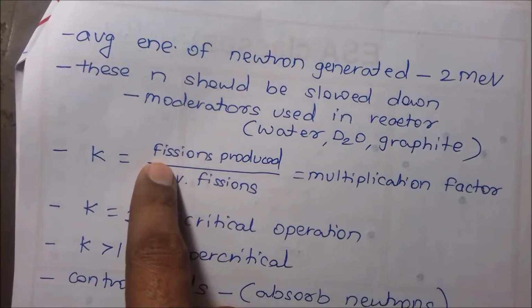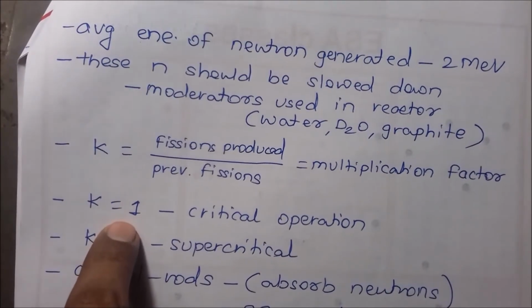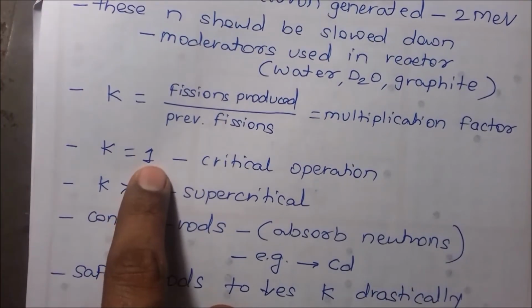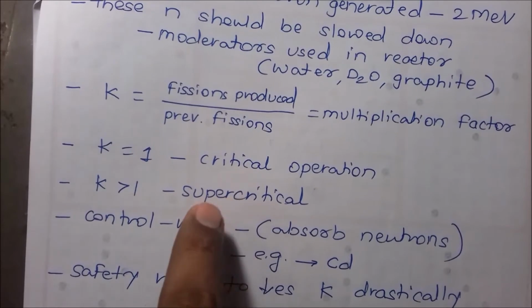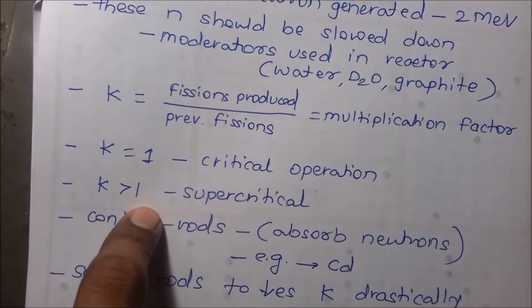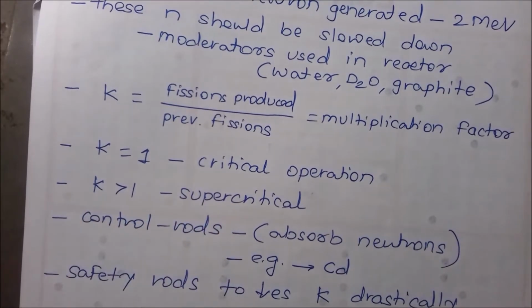If the multiplication factor is 1, then the rate of reaction remains the same, and this is called critical operation. If K is greater than 1, then the operation is called supercritical, and the rate of reaction increases and it may lead to explosion. If K is less than 1, then the rate of reaction decreases continuously.